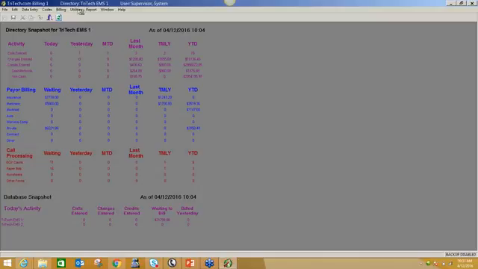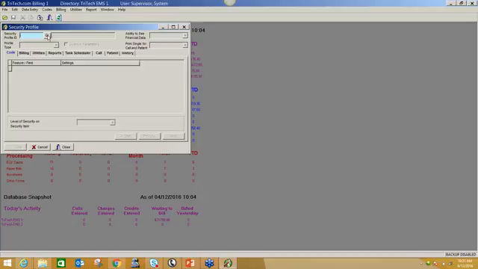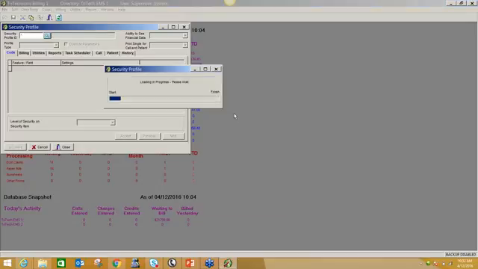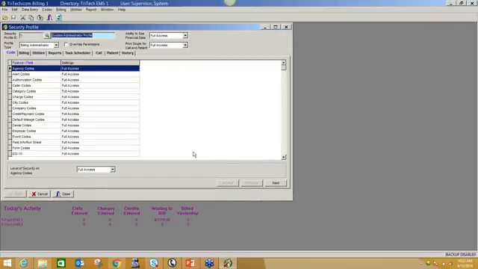If we go ahead and look at our security profiles, typically we don't see a security profile that would say Anne's profile, Kathy's profile, Mike's profile, but rather we have a profile that's labeled or has a description based on the job title or the job that you expect that person to do. So in this case, we have a system administrator type profile, and this profile would then have access to everything in the program.